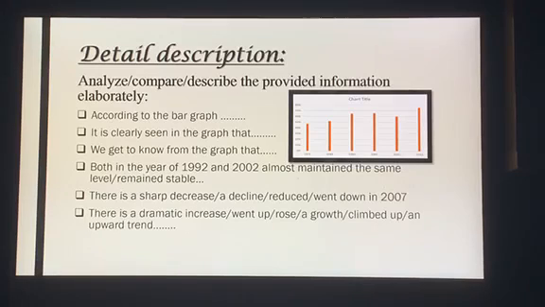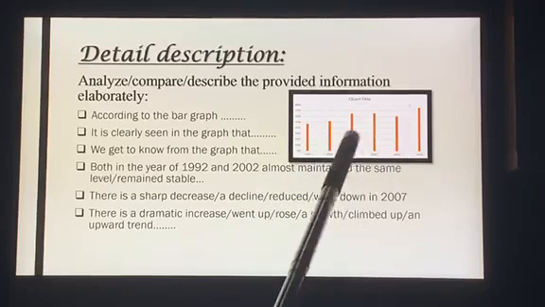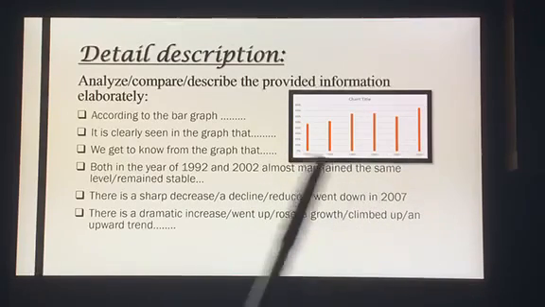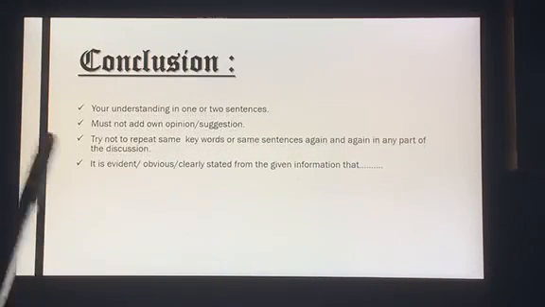So in the third part of your description, you describe all the detail of the graph, and then you go to the concluding part. In the concluding part, you write your own understanding of the graph. In 1 or 2 sentences, what you have understood, what the message is given here, you just write that down.